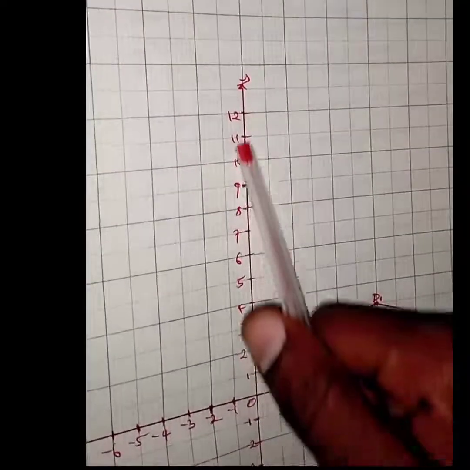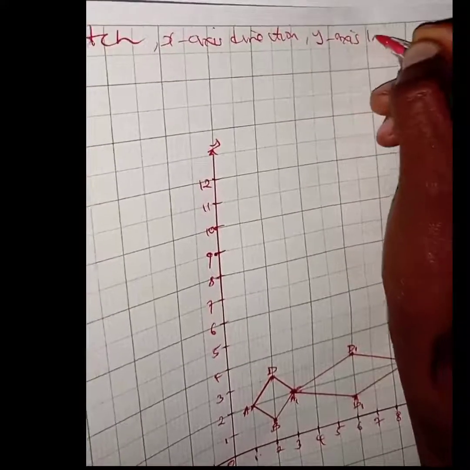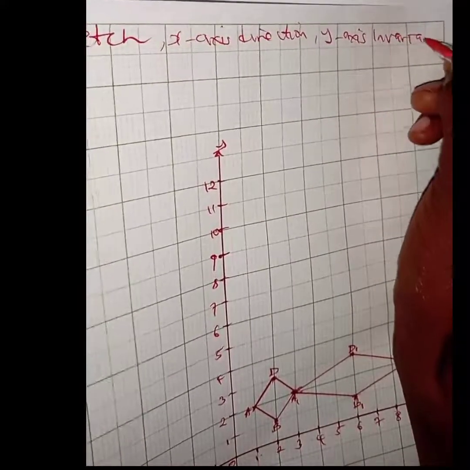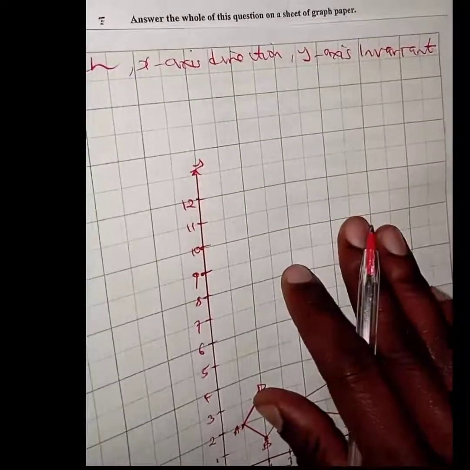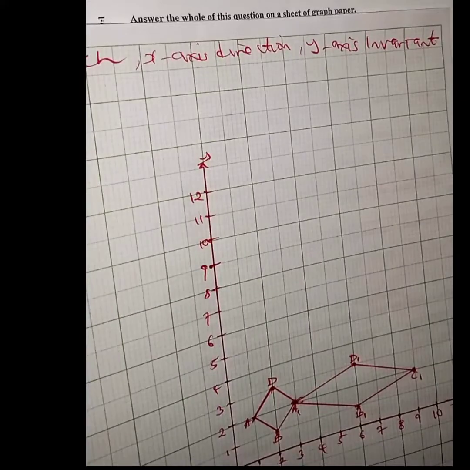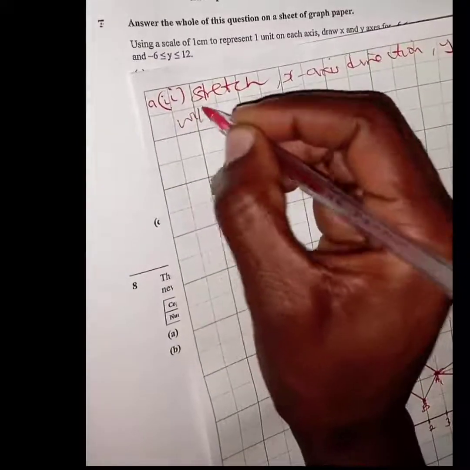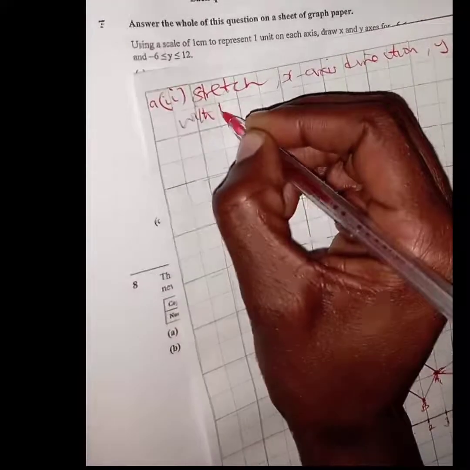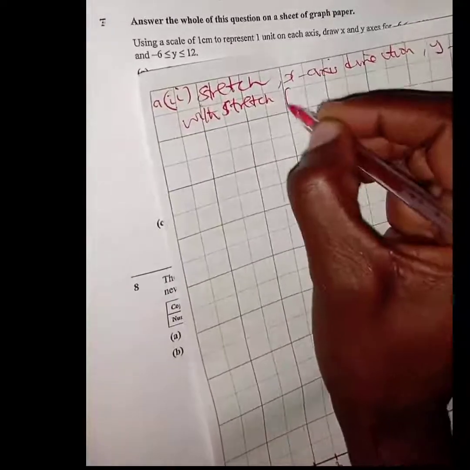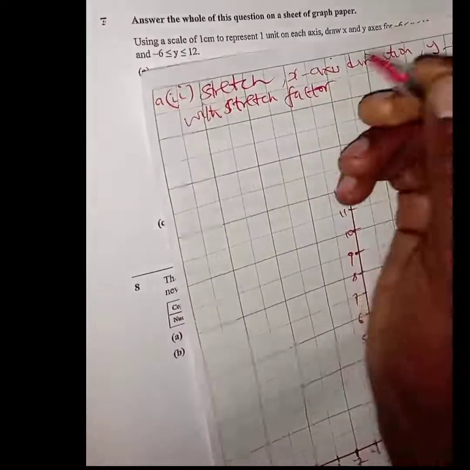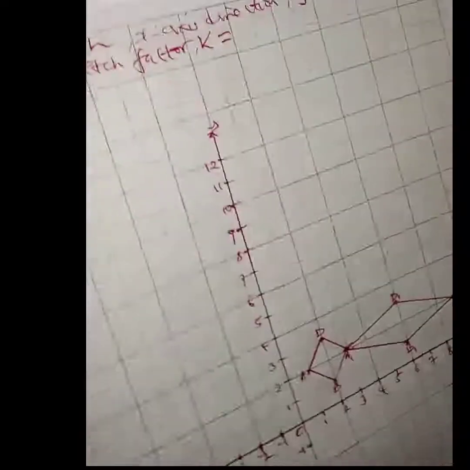It never moved towards the y-axis. So you write y-axis invariant. Invariant means not moving. Then we need to state also the stretch factor. So you say with stretch factor k. So what's the stretch factor?